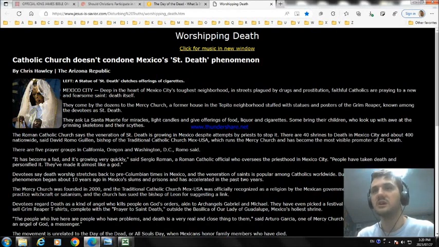They ask for miracles, light candles and leave offerings of food, liquor and cigarettes, and some bring their children who look up to the grinning skeletons. The Roman Catholic Church says veneration of Saint Death is growing in Mexico, and wants to stop it. There are 40 shrines to death in Mexico City and about 400 nationwide.